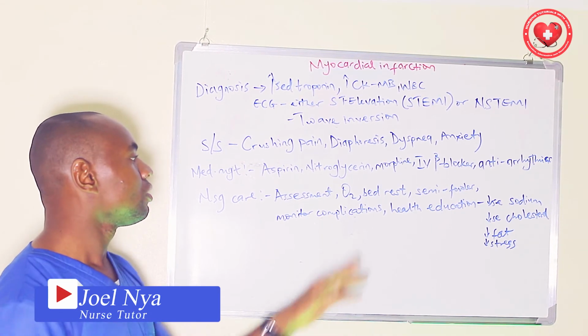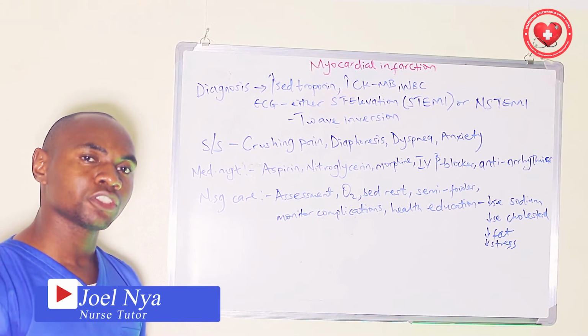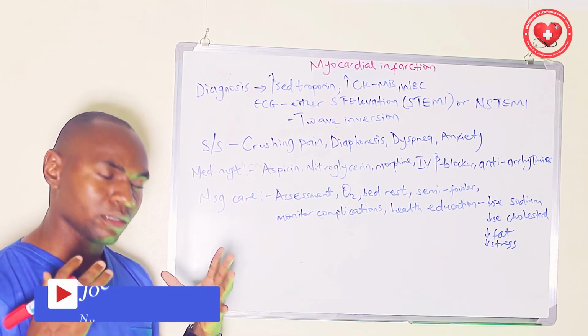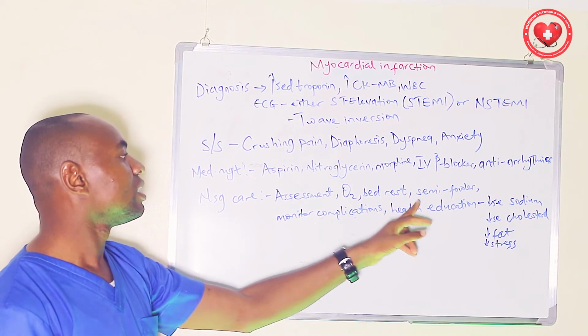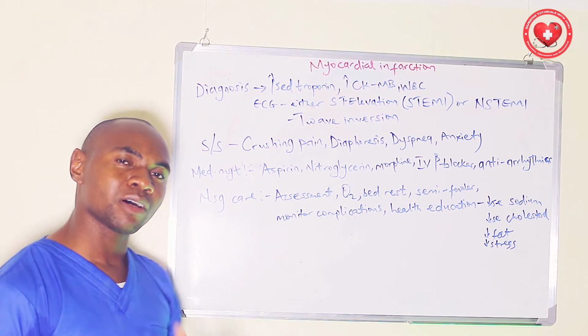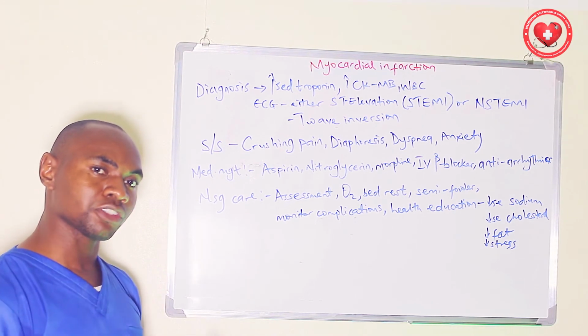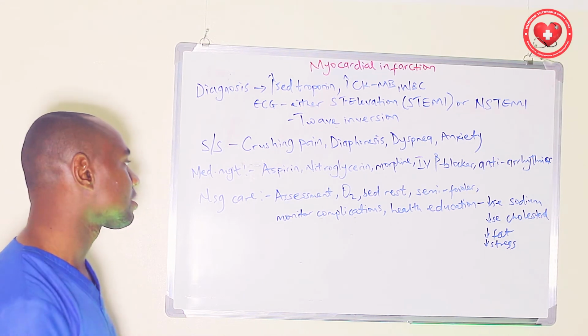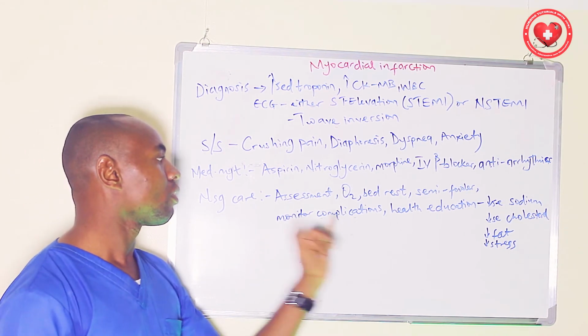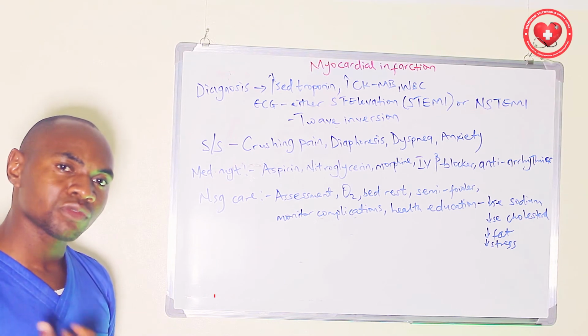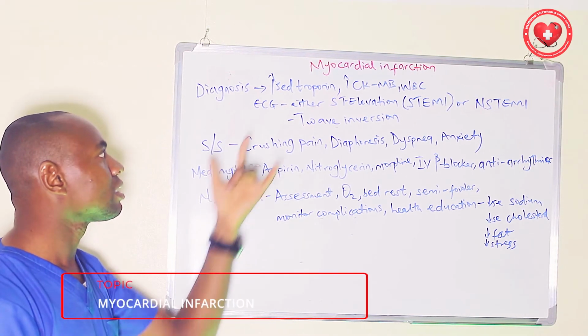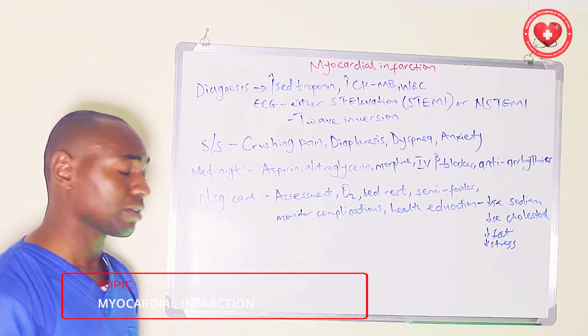You provide bed rest. These patients usually require a lot of bed rest. Then you place patients in a semi-Fowler position, where the patient sits in a semi-sitting position with the knees flexed. Then you monitor for complications, like dysrhythmias, which could occur as a result of myocardial infarction.